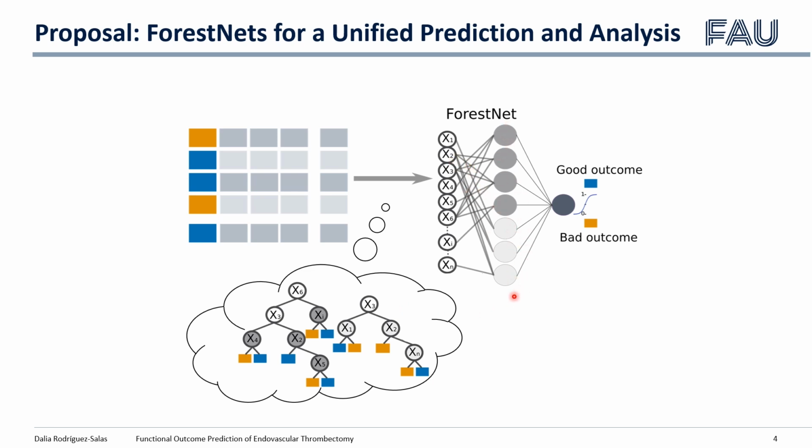For example, X6 is higher in the hierarchy and it has more connections than XN, which is lower in the hierarchy and has only one connection. And that's how we can measure the contributions of the variables to the predictions, depending on the number of connections to the hidden neurons.